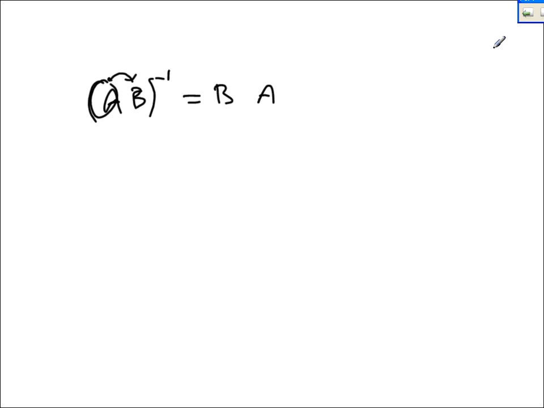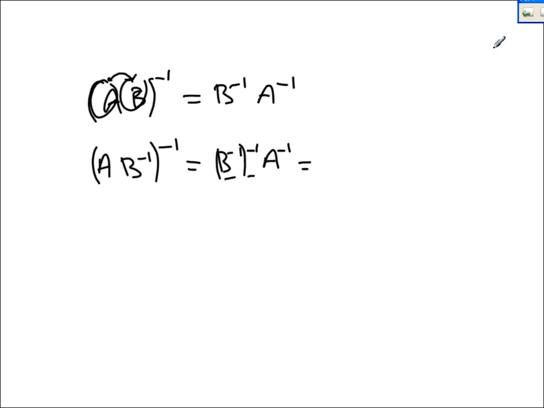You switch the order of the two matrices being multiplied, and you inverse each of them. Well, what if, say, the second matrix already was inverse? Well, it's not a problem. You switch the orders of the two matrices, and you inverse each of them. The thing is, B inverse inverse is B. So you get B A inverse.